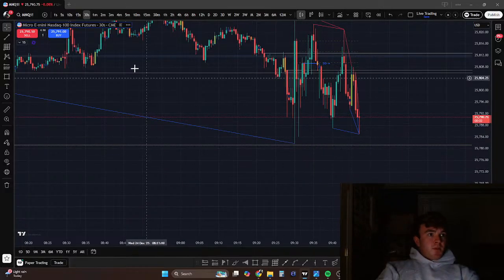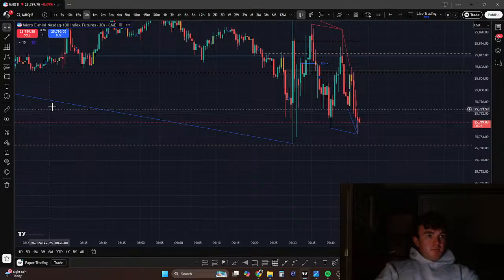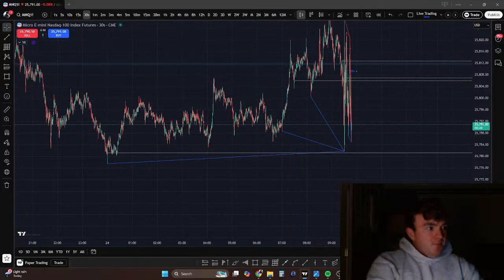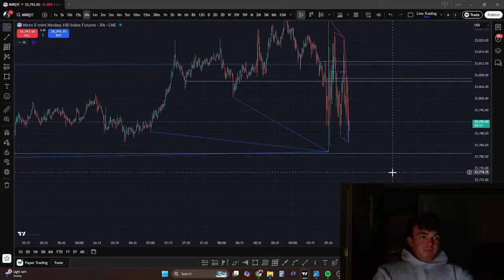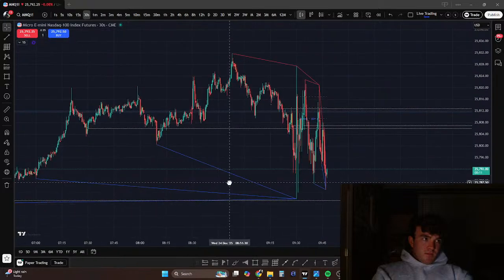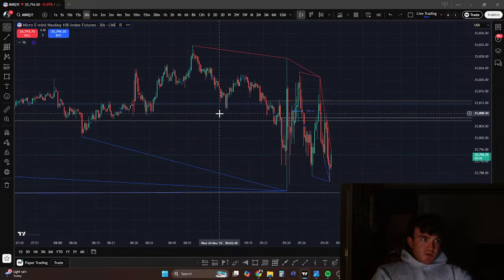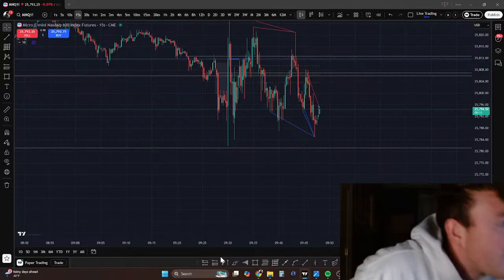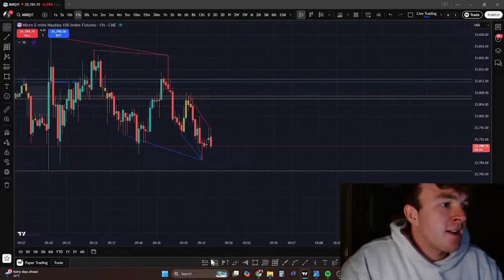Pin bar is about to form on the 1 minute, or on the 30-second. Okay, this 15-second change in state right here. And I like that it's one click buy now.